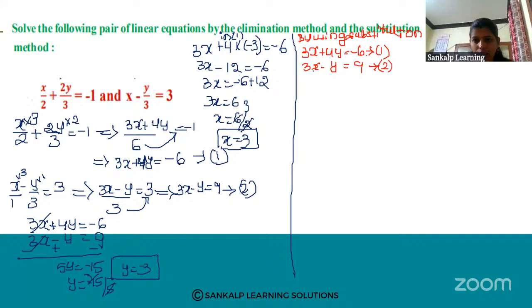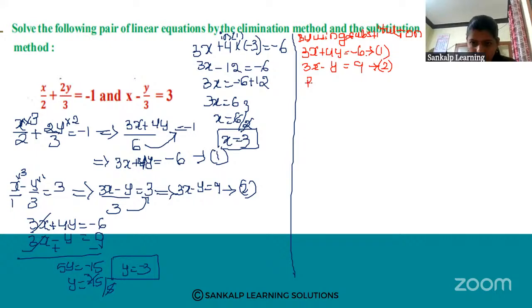Now, this is equation number 1 and this is equation number 2. From equation 1 or from equation 2, from any one equation, you can choose to find the x value. I will choose equation number 2.